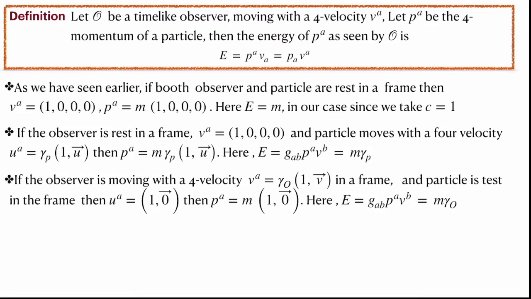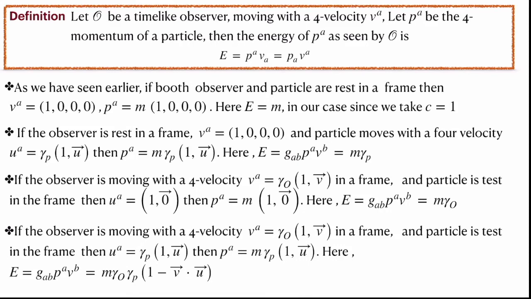Now let's take the most general case. We have an inertial frame in which an observer is moving with the 4-velocity v^a, that is gamma_o into (1, spatial velocity v), and the test particle is also moving with a certain velocity u^a, which is gamma_p into (1, vector u).